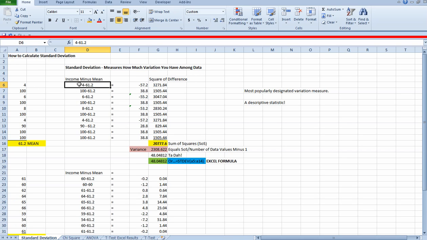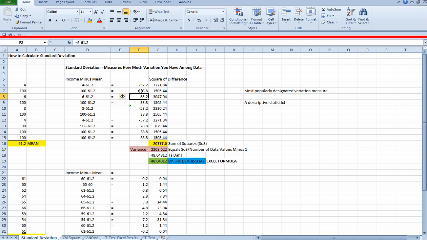For example, 4 minus 61.2 equals, in this case, negative 57.2. 100, the second data point, minus the mean of the set: 100 minus 61.2 equals 38.8, and so on. Just to give one more, 6 minus 61.2 equals negative 55.2.